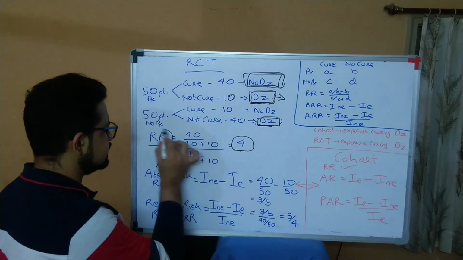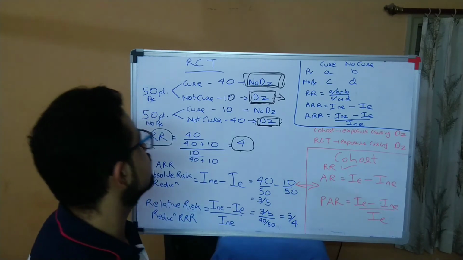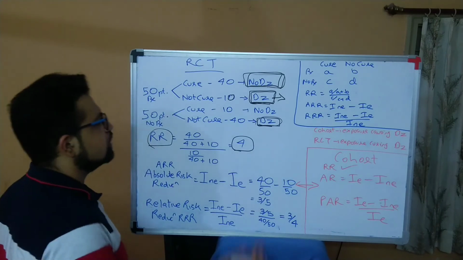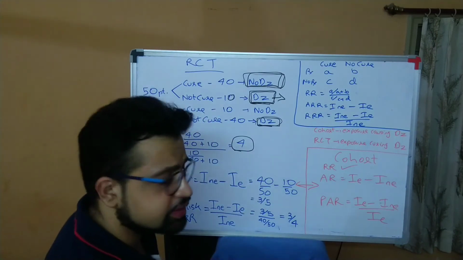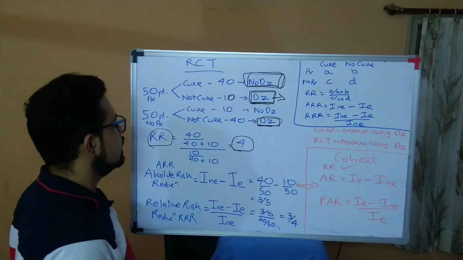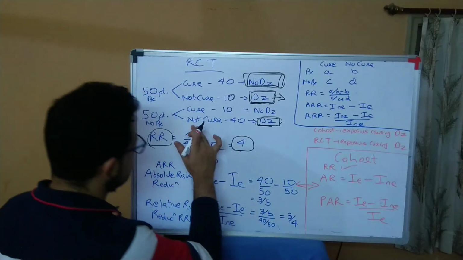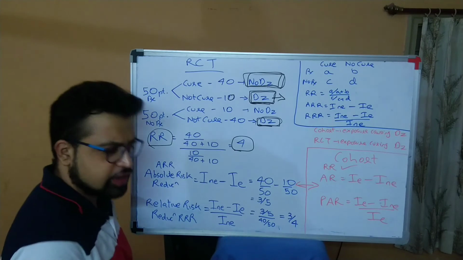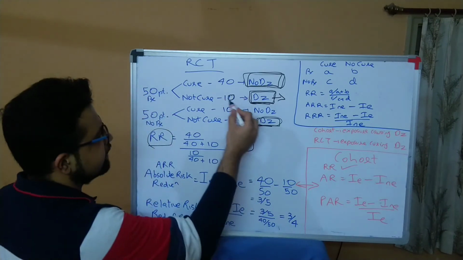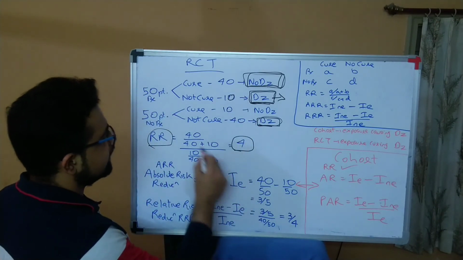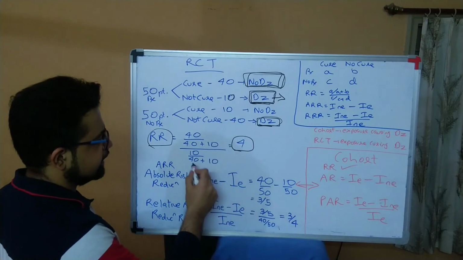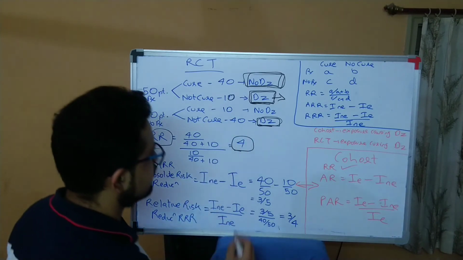First and foremost, we are going to discuss RR. We want to know the effectivity of the drug. Out of those who were given the intervention, how many were cured, as a ratio to the people who were not given the intervention, and out of those how many were cured? So it is 40 divided by 40 plus 10, divided by 10 divided by 10 plus 40, which turns out to be 4.